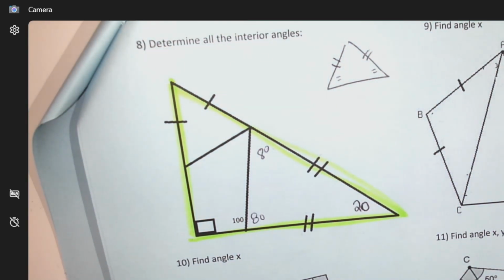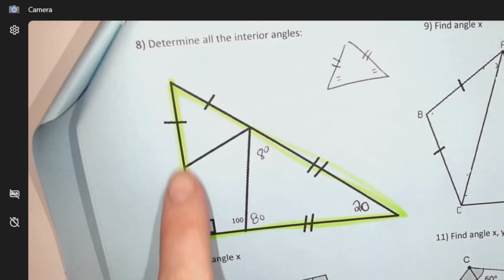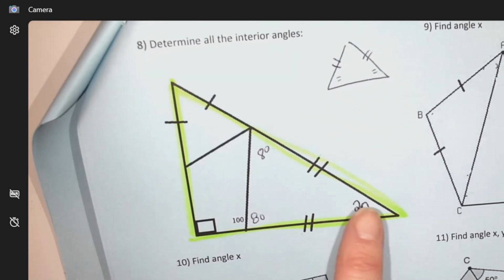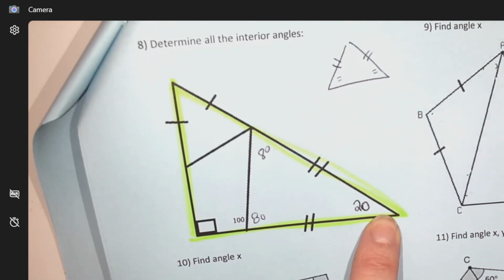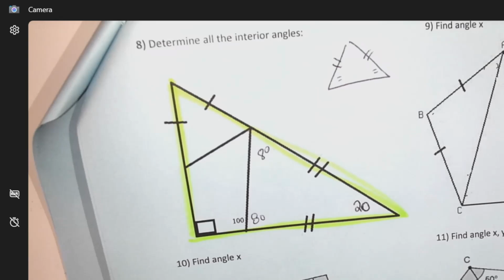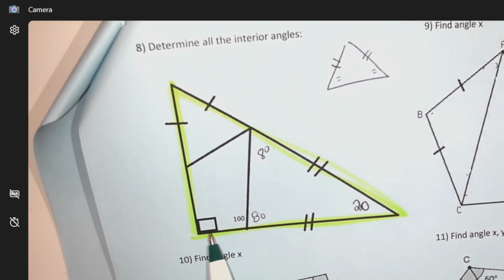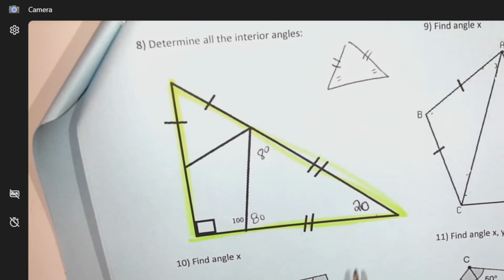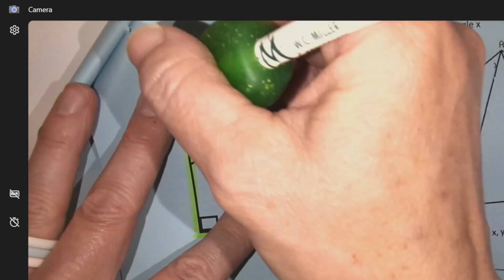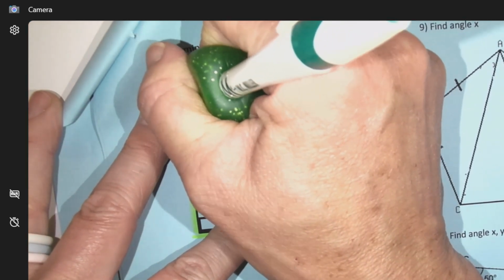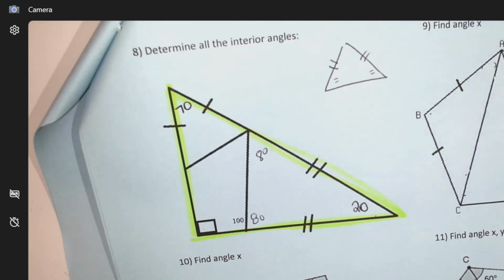So if you look at the outside triangle, you have a corner here, which is 90, and a corner here, which is 20. So how much is left? 180 minus 90 minus 20 is 70. So there's the top corner.